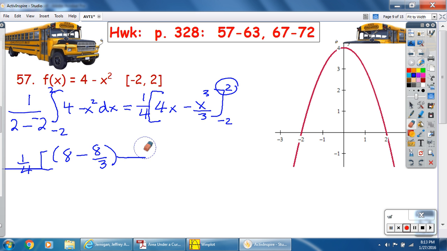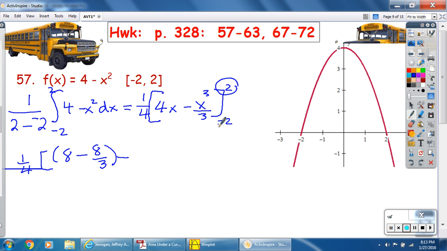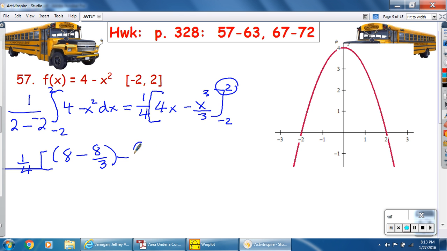So when we substitute the lower bound, 4 times negative 2 is negative 8, and then negative 2 cubed is negative 8 over 3. Then I have a positive 8 plus another 8, so we have 1/4 of 16.